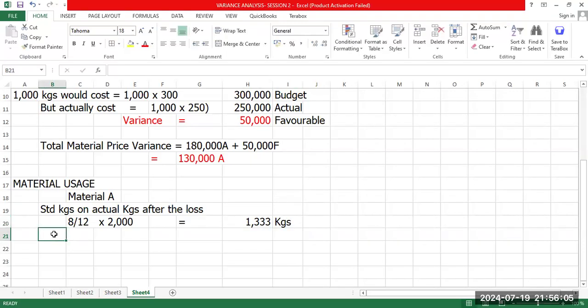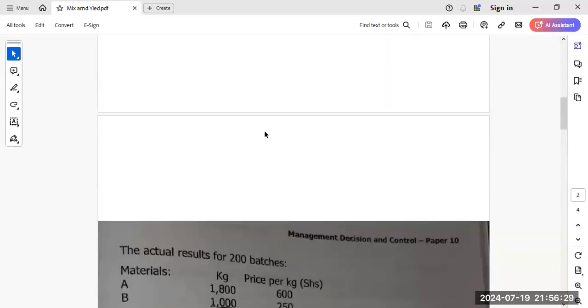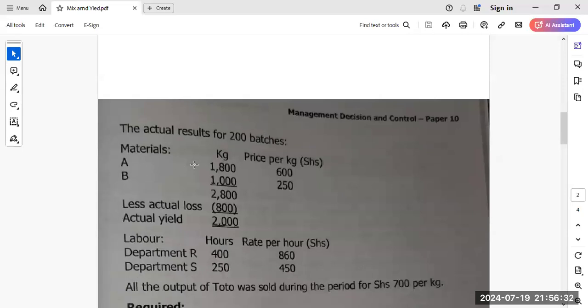Then compare those kgs with the actual kgs of A. What is your actual kgs of material A? Actual kgs are 1,800.